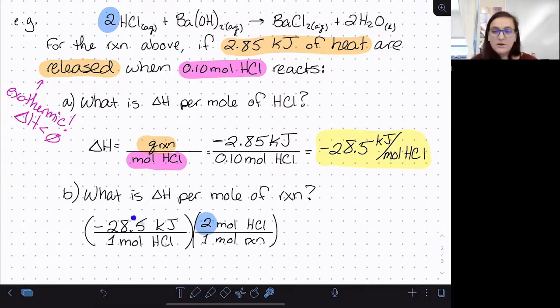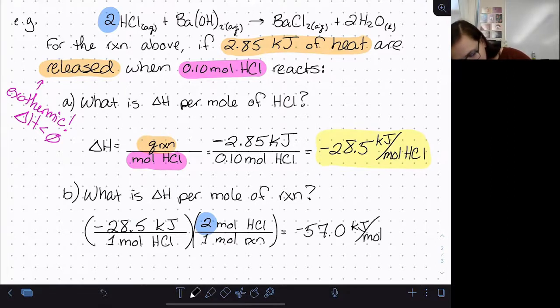If this is how much energy is given off by 1 mole, in this reaction I have 2, I'm going to get twice as much energy out. So we're going to get negative 57 kilojoules per mole reaction, which is usually just written as kilojoules per mole.